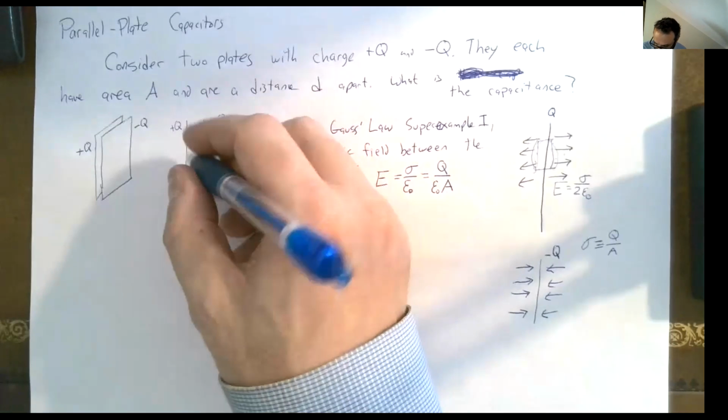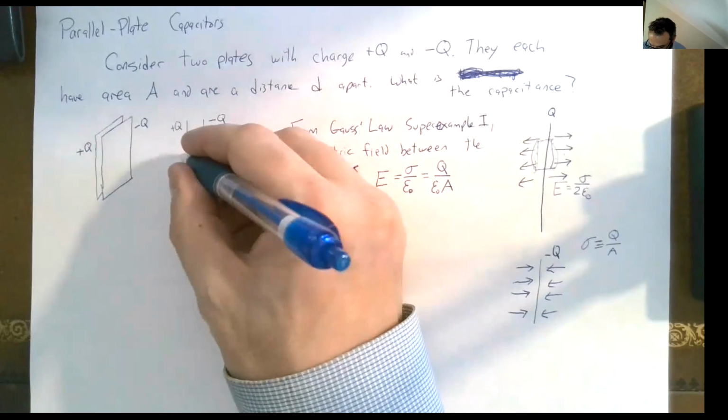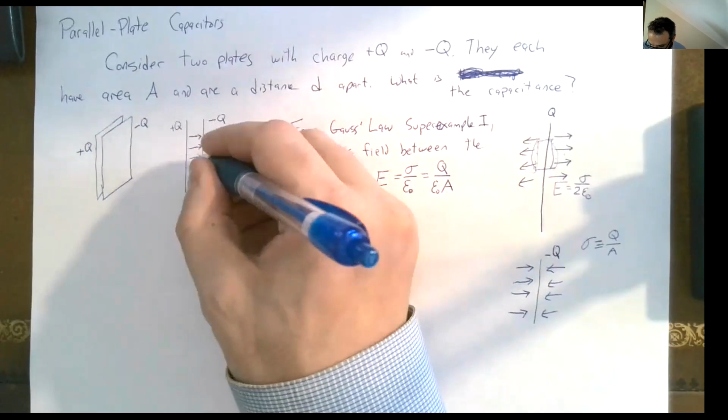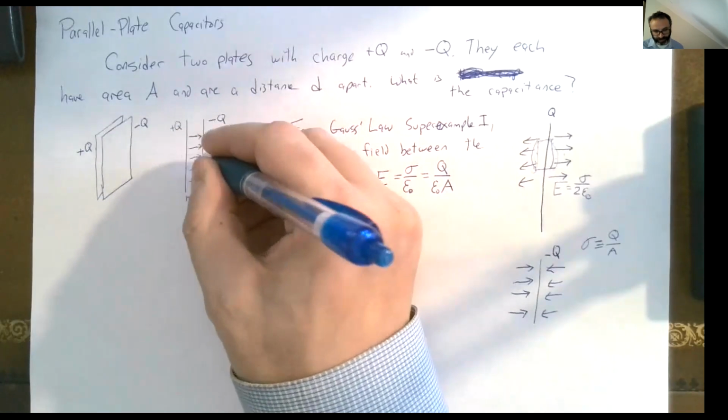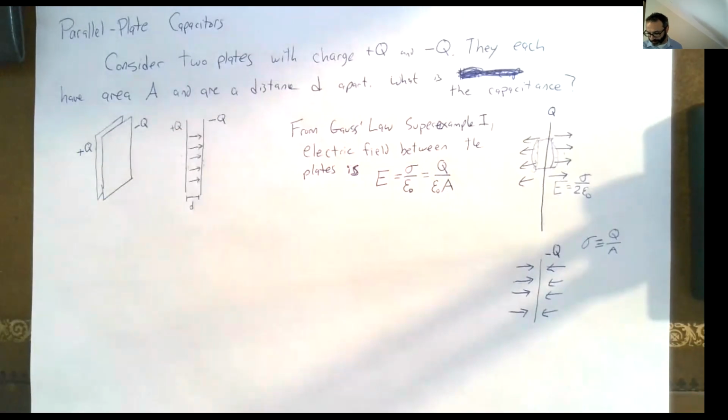If I wanted to use Gauss's law on each of these, I would have to make two little cylinders around each plate. But I don't need to do that again since we did that already in the lecture. Does that answer your question? Yeah, sure. Maybe.